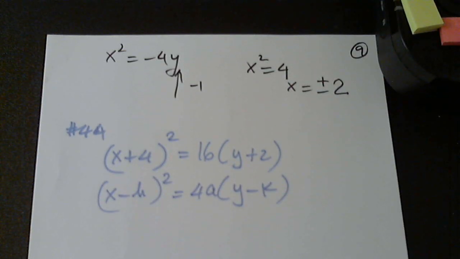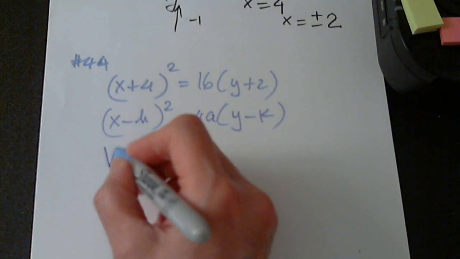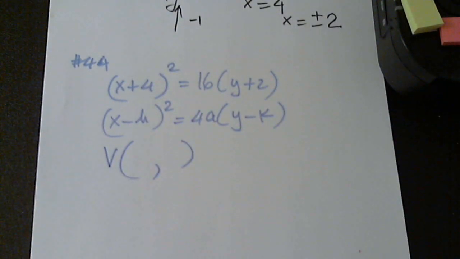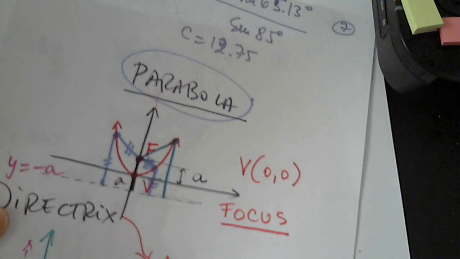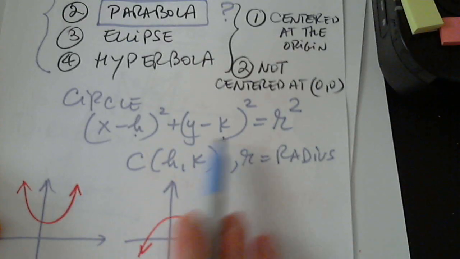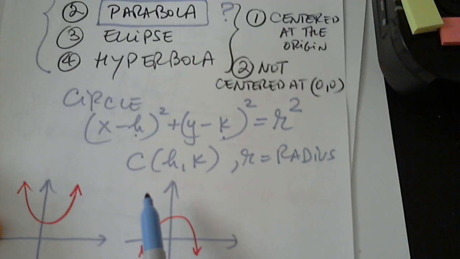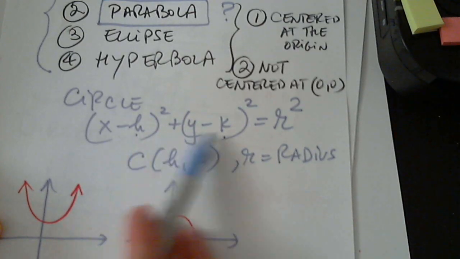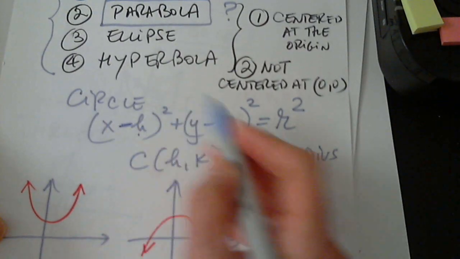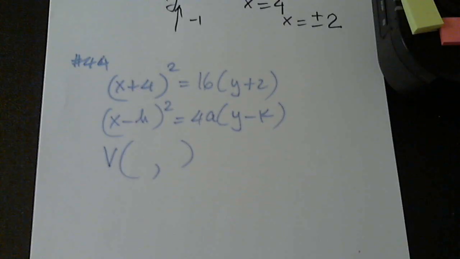Okay, so now let's discover what we need to discover. So the vertex, like before, let me go back for a second. When we talked about the circle, exactly the same idea. (x minus h), (y minus k). So the center, which in our case for the parabola will be the vertex, was (h, k), keeping in mind that these have to be negated. So therefore, we established h and k accordingly.